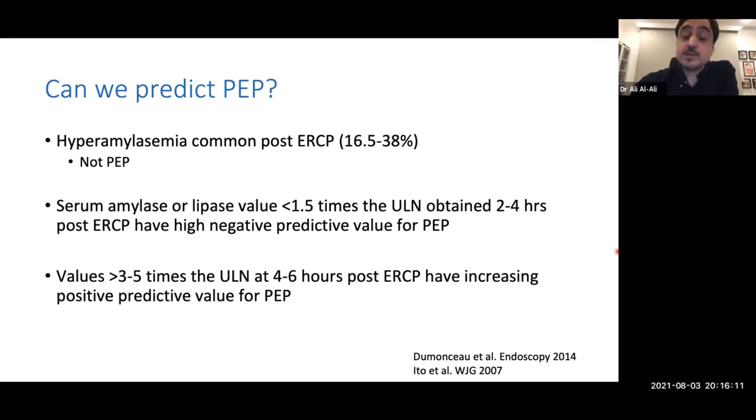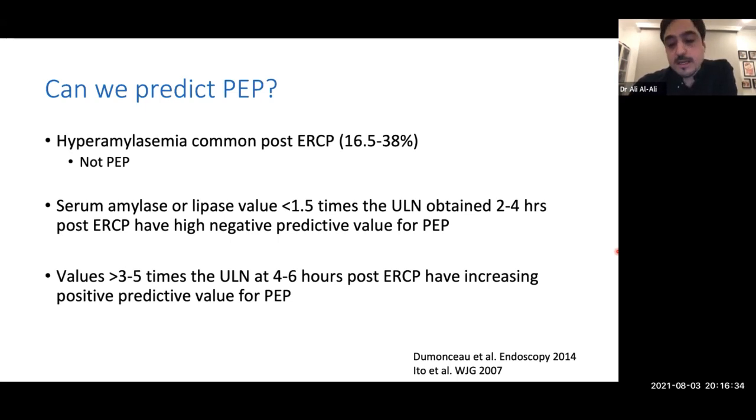Because if the patient has normal or very slight elevation in amylase or lipase 4 hours post-ERCP, they're very unlikely to develop post-ERCP pancreatitis. Whereas if they have a 3 to 5 times elevation of amylase or lipase post-ERCP, they may develop post-ERCP pancreatitis.